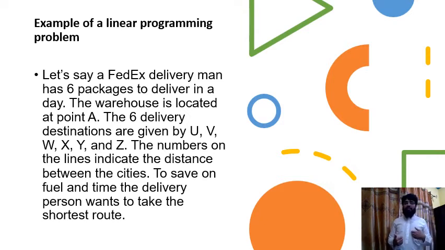For example, my home destination address is Lolai Street. The numbers on the lines indicate the distance between the cities. To save on fuel and time, the delivery person wants to take the shortest road.